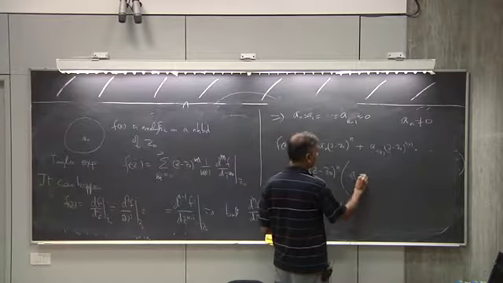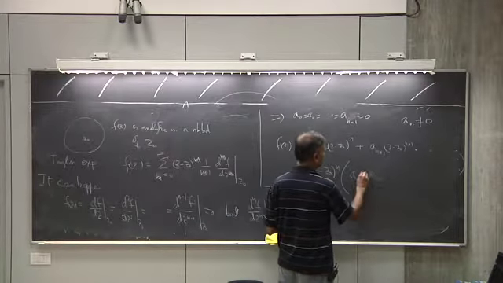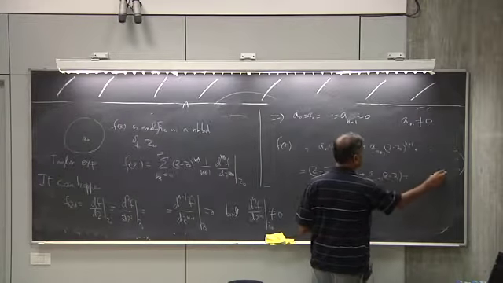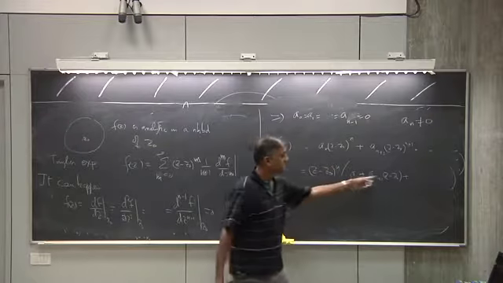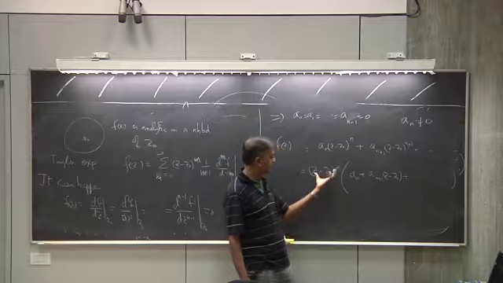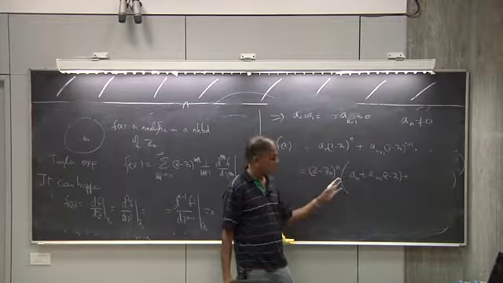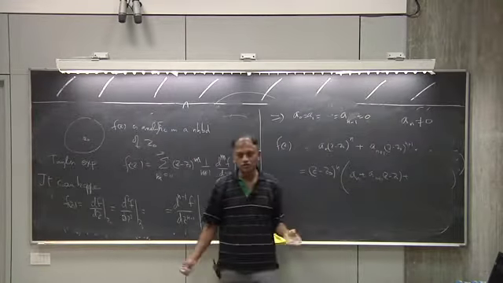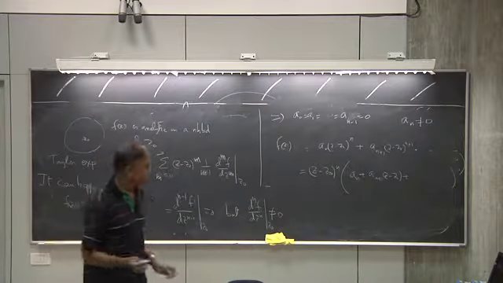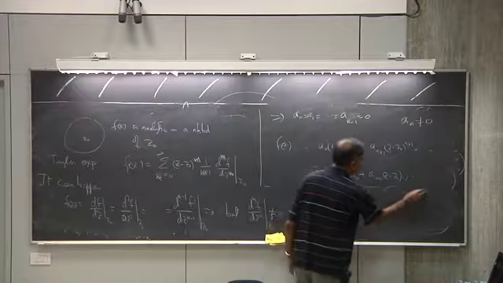Then you will get a_n plus a_(n+1) (z minus z0) and so on. This is an infinite series which is again convergent, because what I've done is just taken out a common factor, and the remaining thing is convergent. So that also defines an analytic function. Let's call this function h of z.